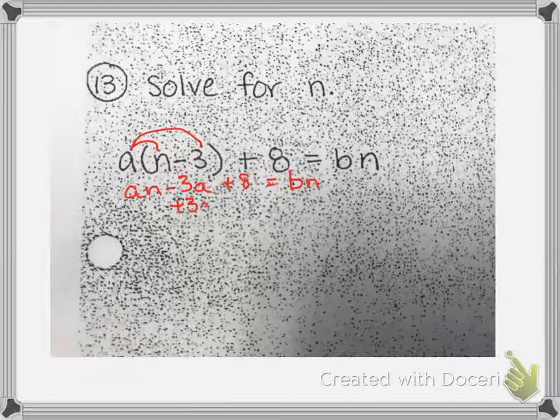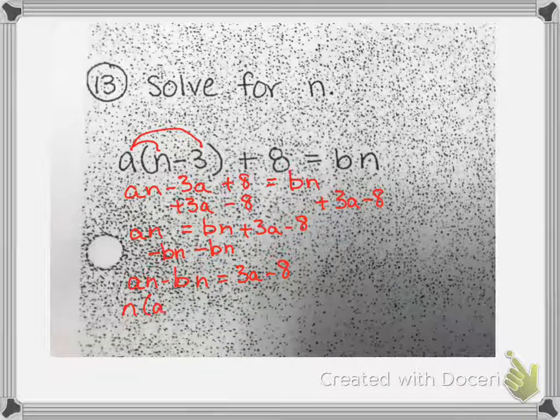I'm going to add 3a and subtract 8 to both sides. Okay, so an equals bn minus 3a minus 8. Then I'm going to subtract bn. That gives me an minus bn is equal to 3a minus 8.